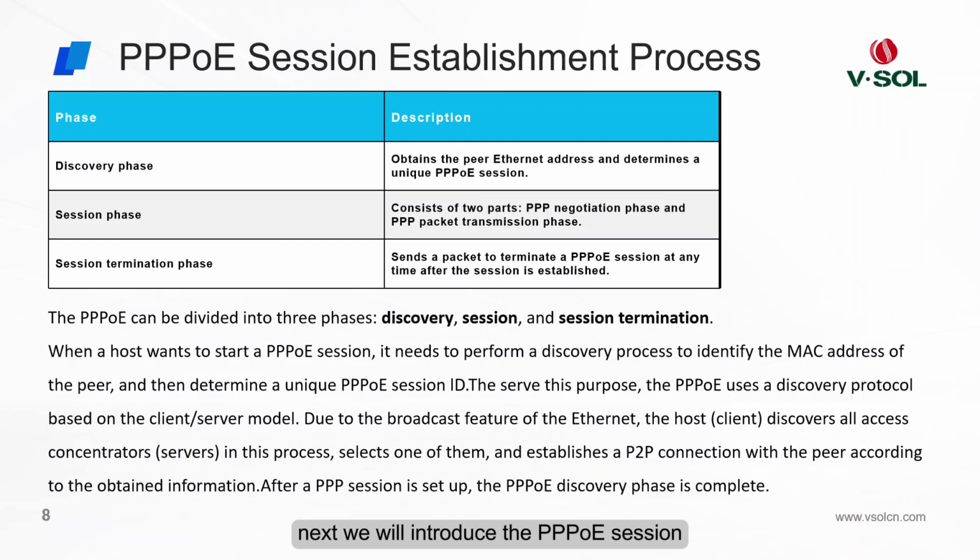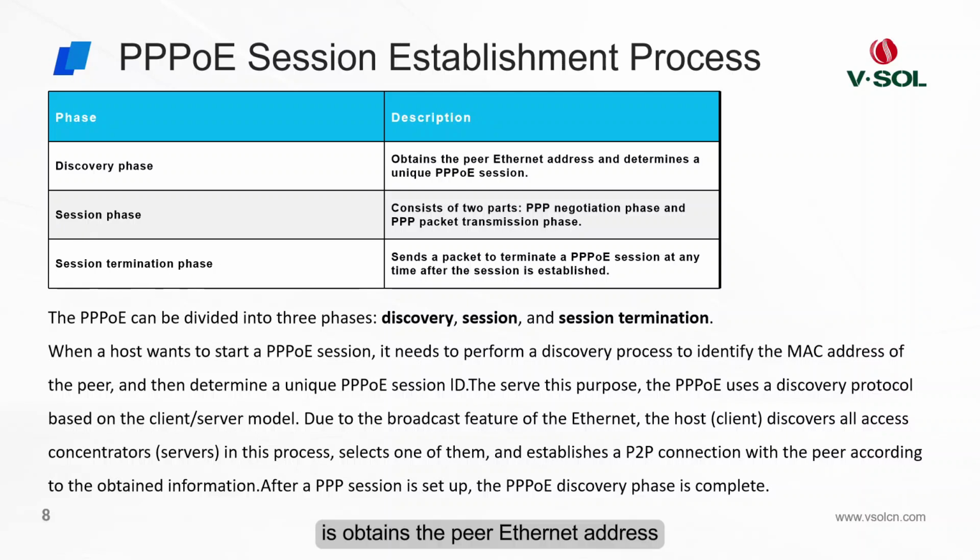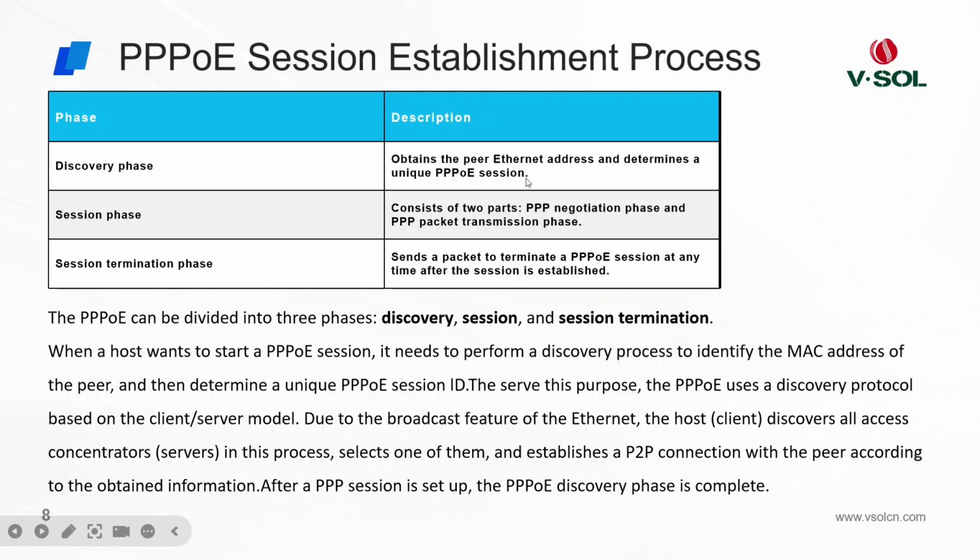Next, we will introduce the PPPoE session establishment process. Here you can see the description of the discovery phase, session phase, and session termination phase. The discovery phase obtains the peer Ethernet address and determines a unique PPPoE session.